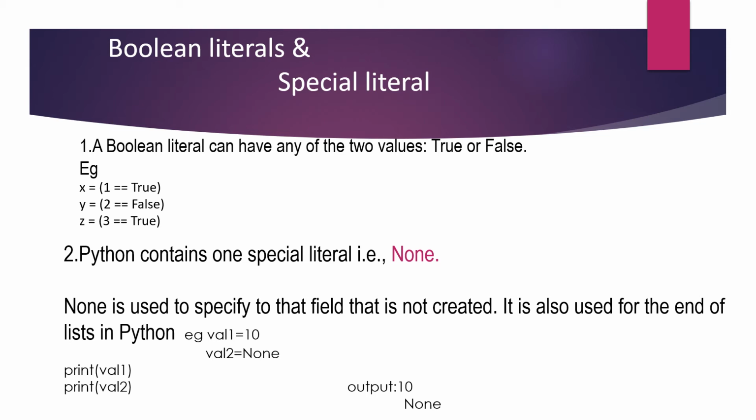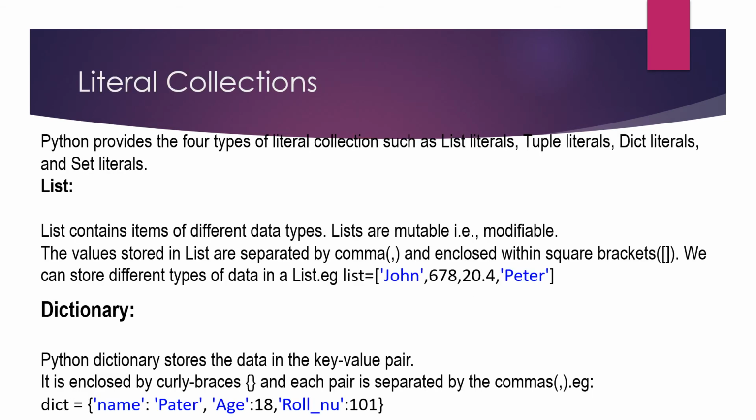If we print both these values, for variable 1 the output will be 10 and for variable 2 the output will be None. The None value can be used for a non-created field and also the end of a list in Python.